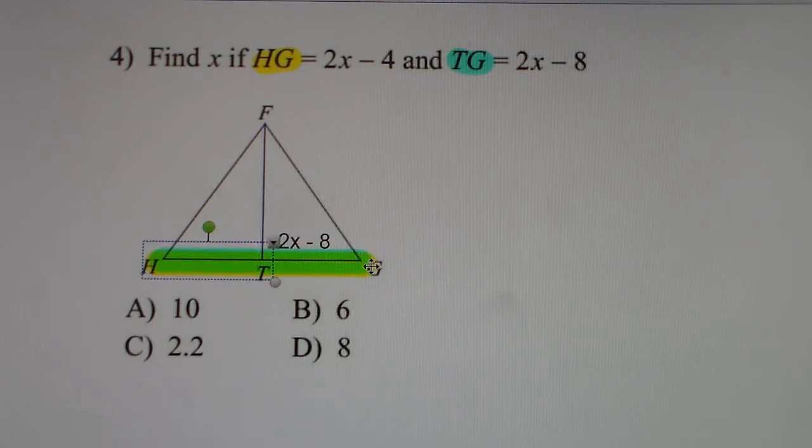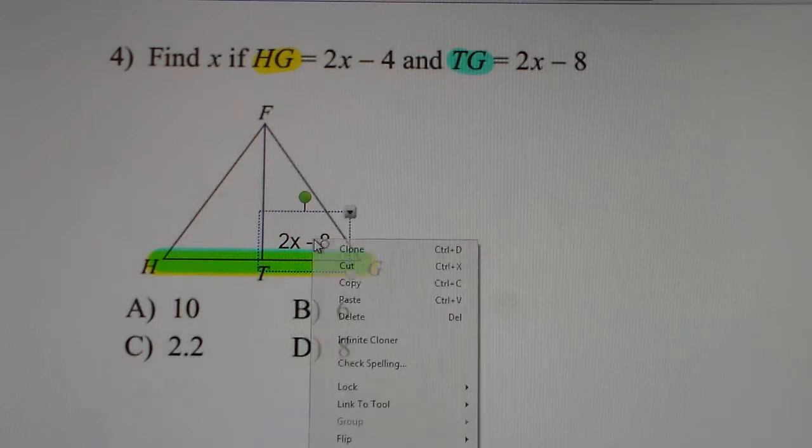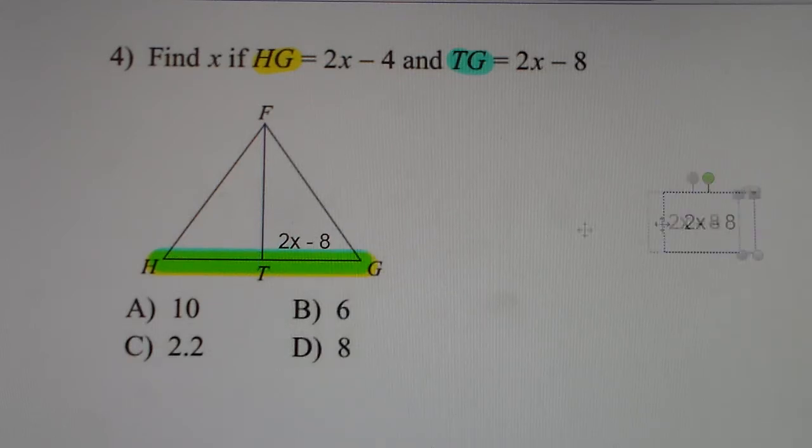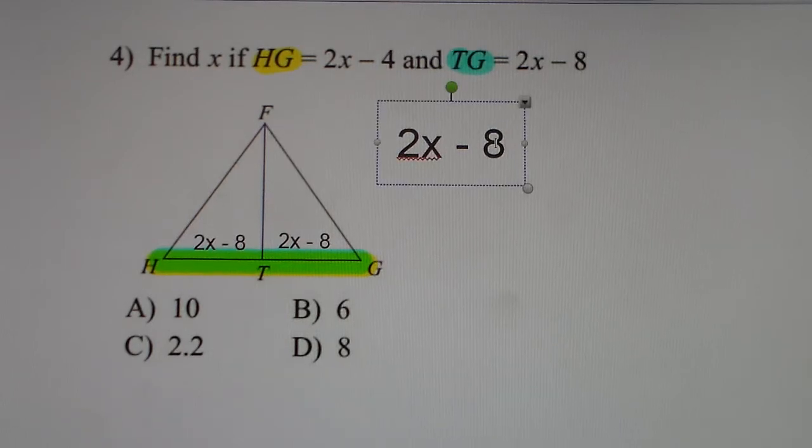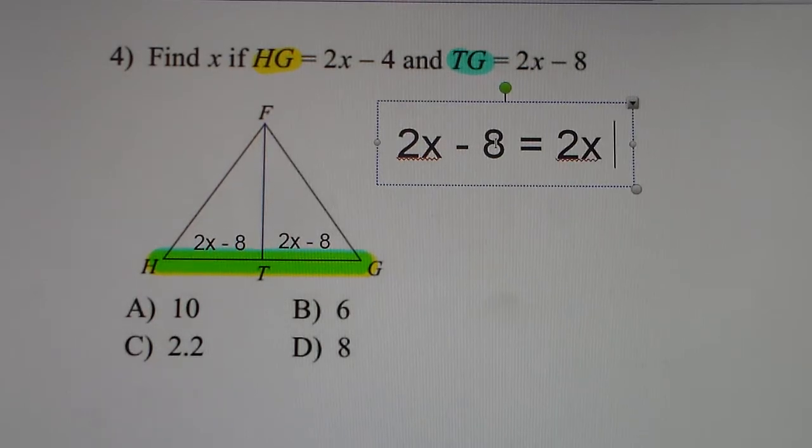And when you multiply it by 2, when it's doubled, they equal then the same size. That's why we doubled the small guy and then we set it equal to big. So there's our small guy, 2x minus 8, and we're going to make that equal to the HG, 2x minus 4.